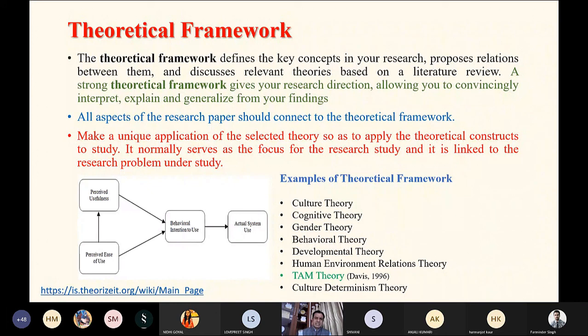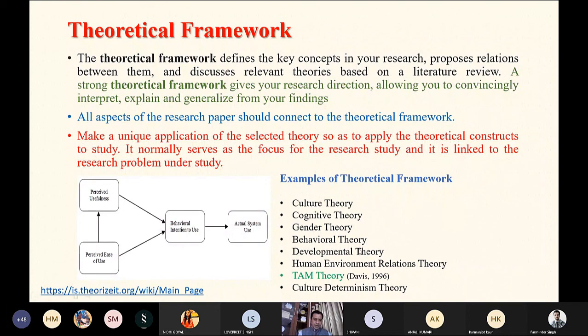The theoretical framework will indicate the kind of relationship that we are going to test among the different constructs that we are going to use in the research manuscript. The only thing we have to focus on is how we are going to use the theories in an innovative way in our present research.